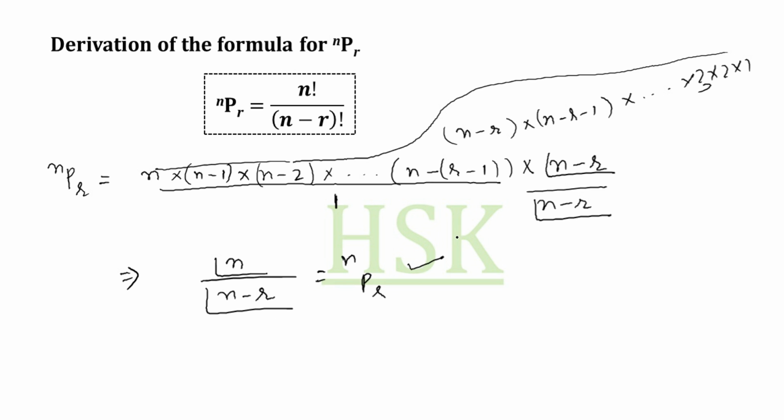So this formula n into n minus 1 into n minus 2 up to n minus r plus 1, that is the number of permutations of n objects taken r at a time, is the same as n factorial upon n minus r factorial.